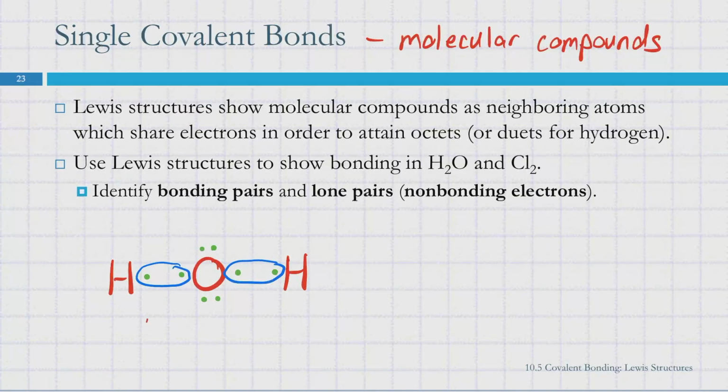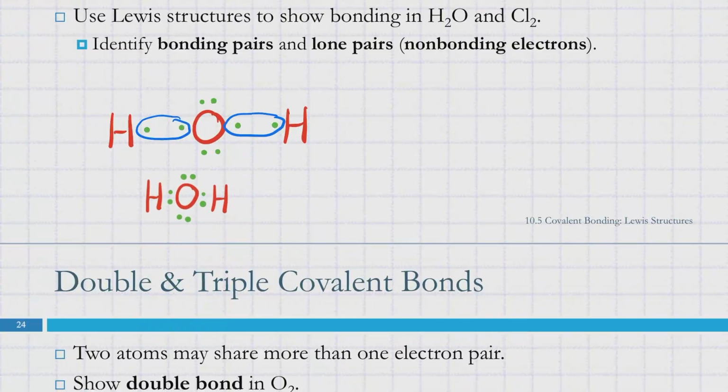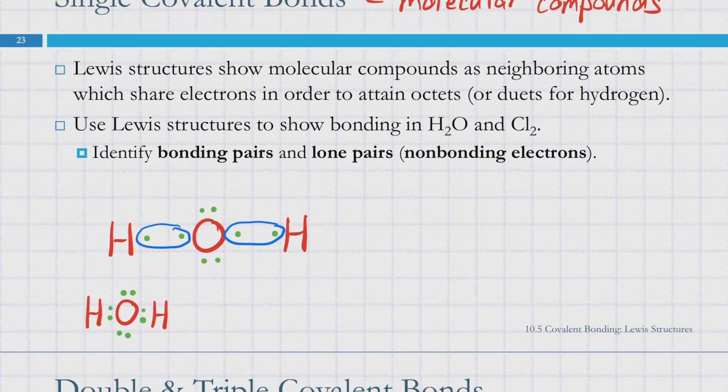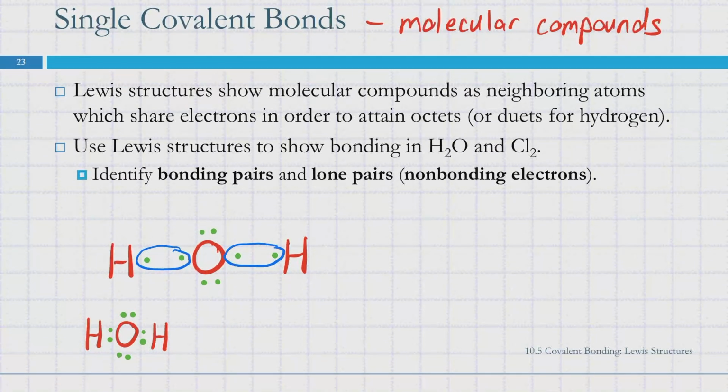Another way that we can write this out a little bit more condensed is sandwiching those electron pairs between the hydrogen and the oxygen. So something like this.